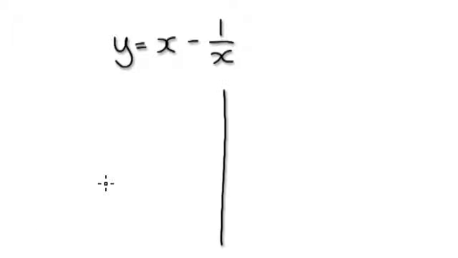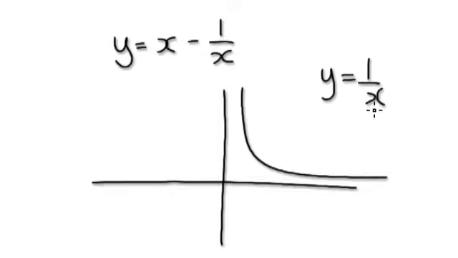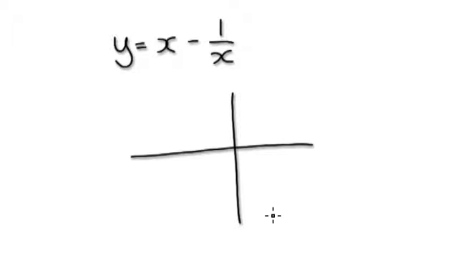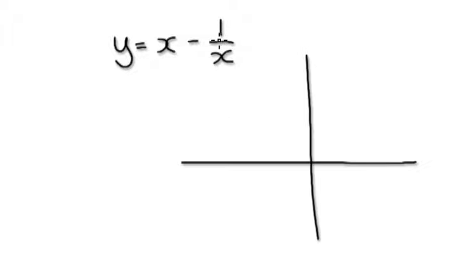Okay, so remember, y equals 1 over x will look like this. But because we are interested in minus 1 over x, well, minus 1 over x will look something like this. So when x is small, this term here dominates.